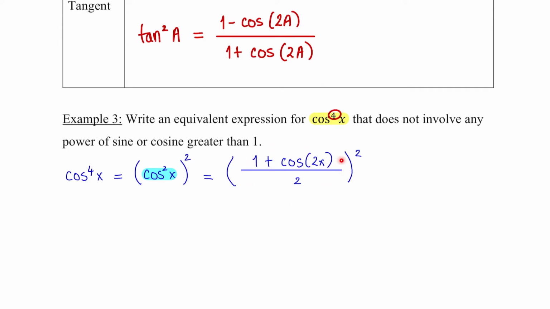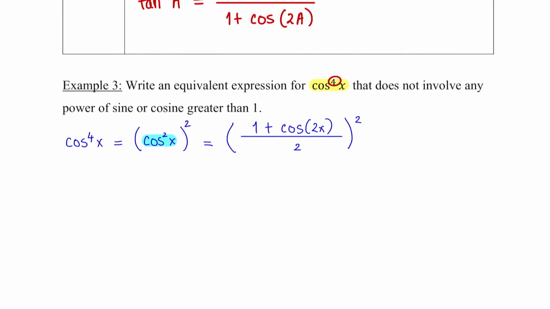So from here, I have a fraction raised to the square. That means I have the numerator squared over the denominator squared. So 2 squared is 4, and this 4 is in the denominator, so I'm going to bring it to the front to make it 1/4. And then from here, I am going to take 1 plus cosine 2x squared. 1 plus cosine 2x squared is 1 plus cosine 2x times 1 plus cosine 2x.